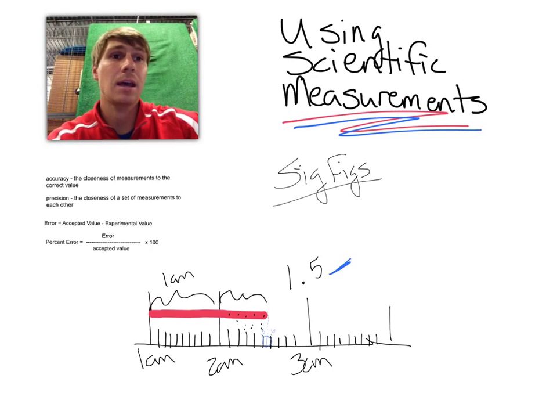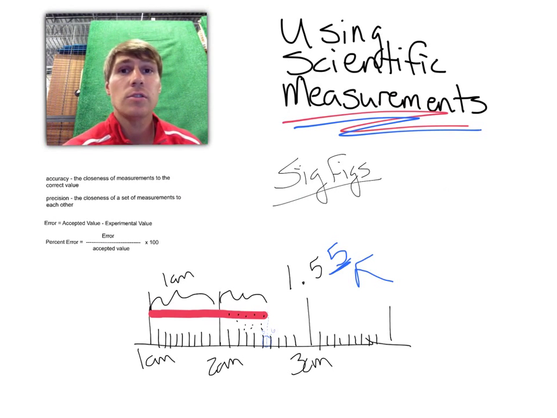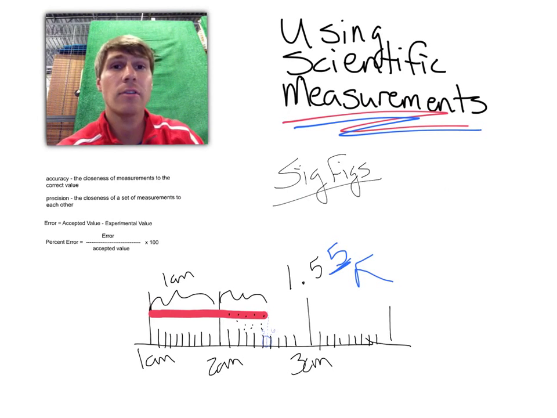Okay, so we're going to guess that last one is 0.55. Alright? So this is how we're going to measure and record our measurements so that we have the correct number of significant figures in every measurement.